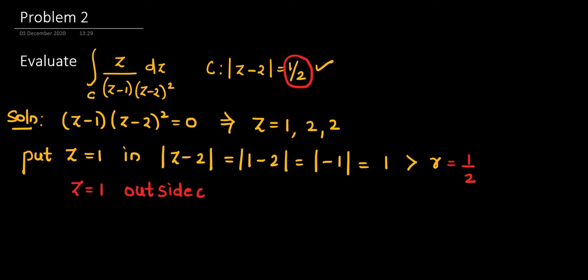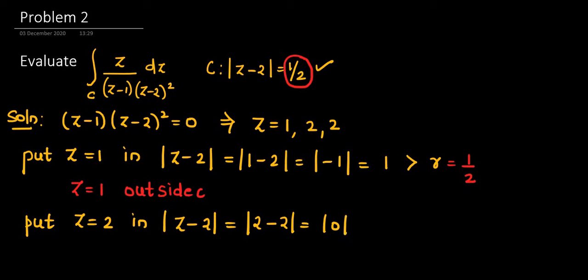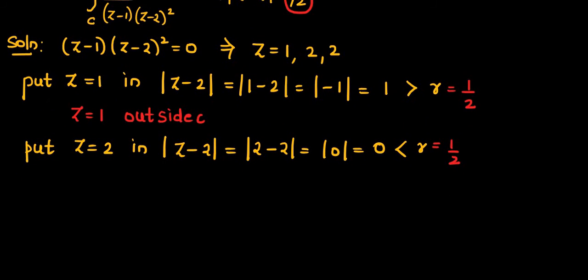Now let us put the next point z equal to 2 in the left hand side of the equation of circle. 2 minus 2, which is mod 0, that is 0, and 0 is definitely less than radius, the radius being half. So we can claim that z equal to 2 lies inside the circle.